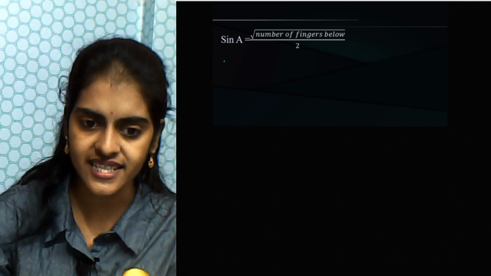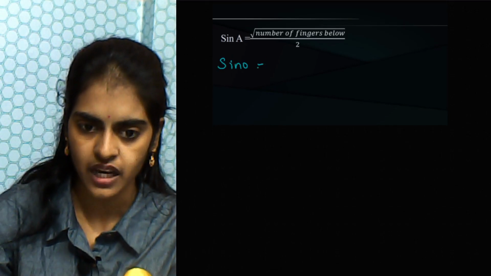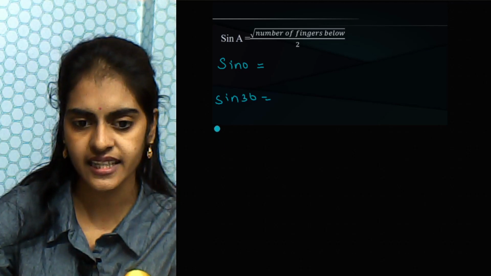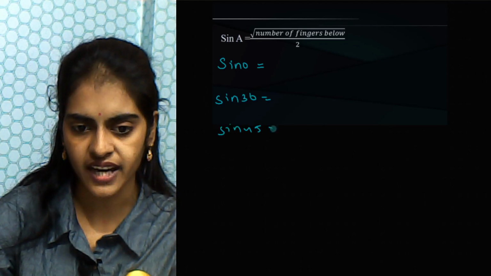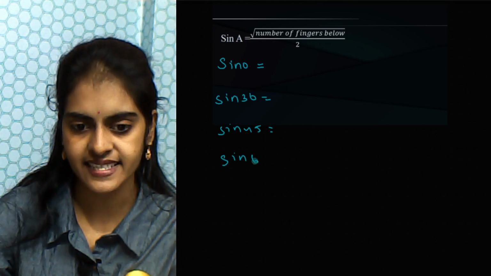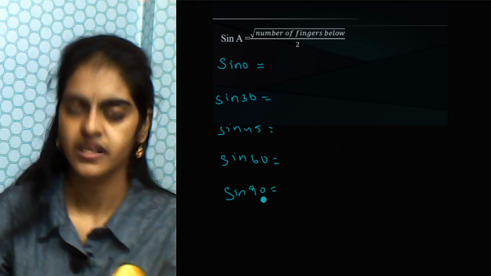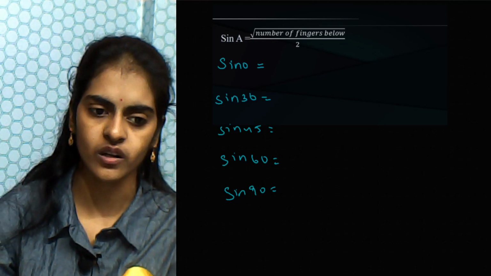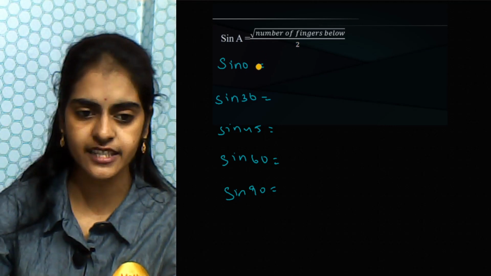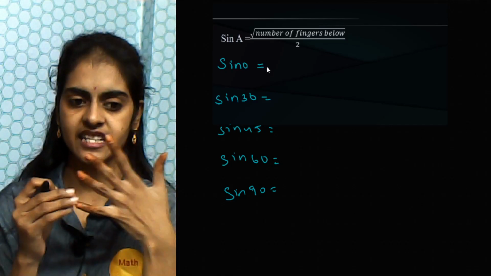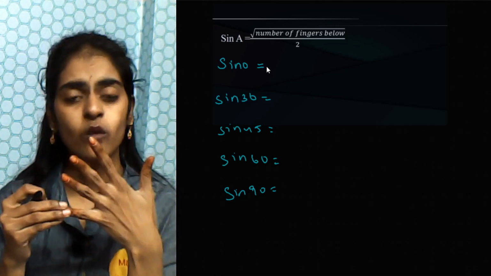Let us start with sine 0. Let us find each of the values: sine 0, sine 30, sine 45, sine 60 and sine 90. So sine 0. Which finger is 0? 0 is this little finger, right? Now what is the formula?